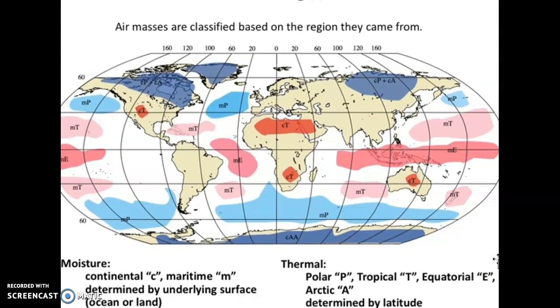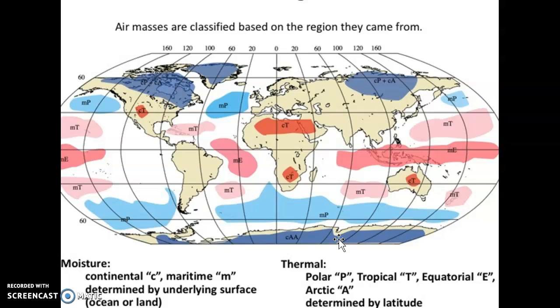If it formed over the ocean, it's called a maritime air mass. Thus, the name of the air mass starts with an M. If it formed over land, it's called a continental air mass. Thus, the C. Now, the second letter refers to the source region. That means what area of the Earth that it formed over.